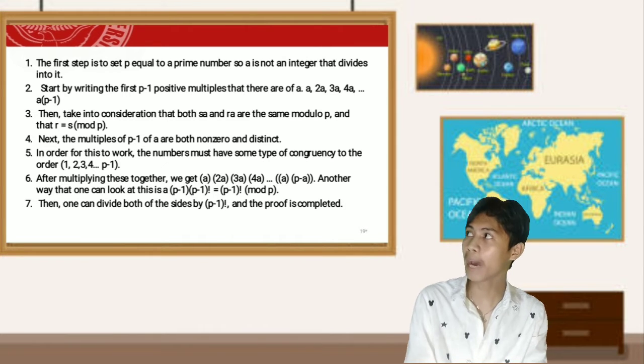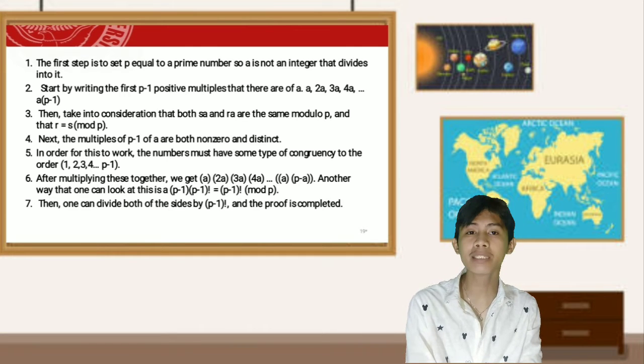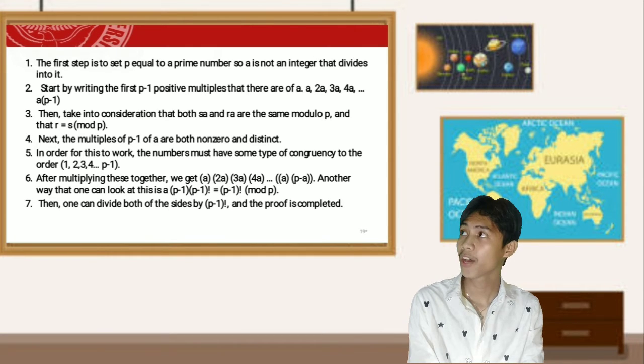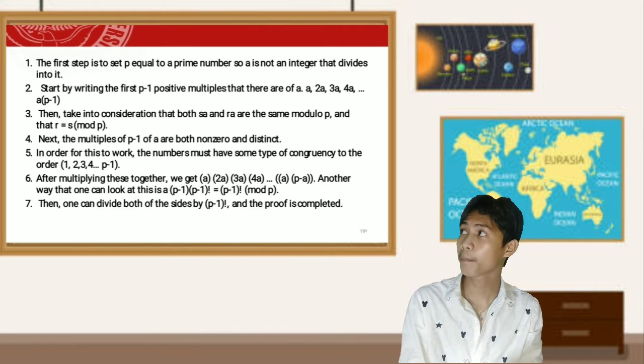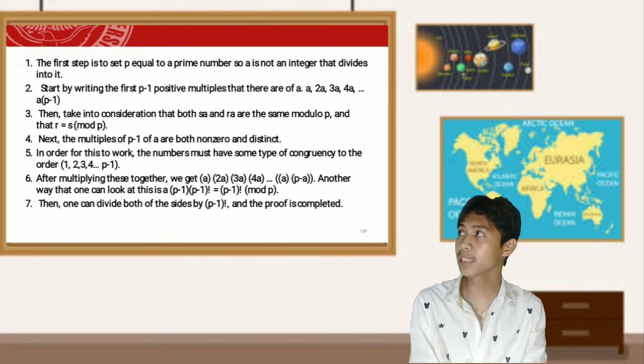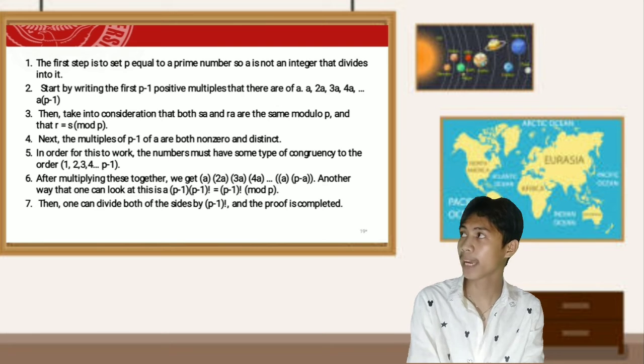The second step, start by writing the first p minus 1 positive multiples of a: a, 2a, 3a, 4a, and so on, up to (p-1)a. The third step is to take into consideration that if sa and ra are the same modulo p, then r is equal to s mod p.